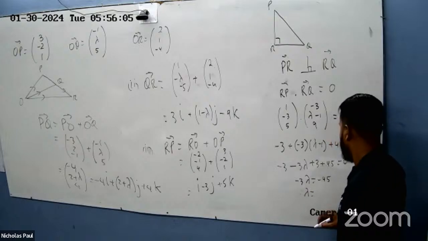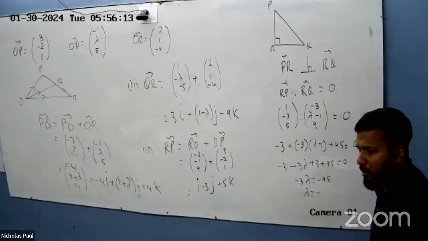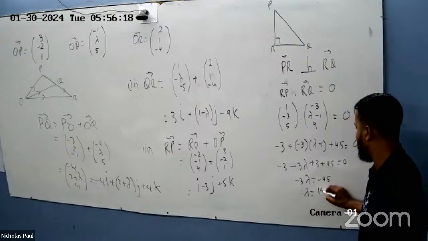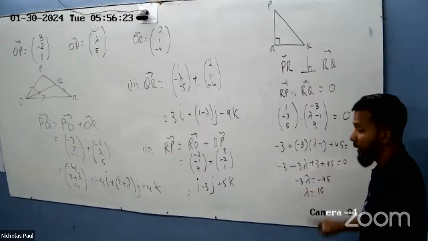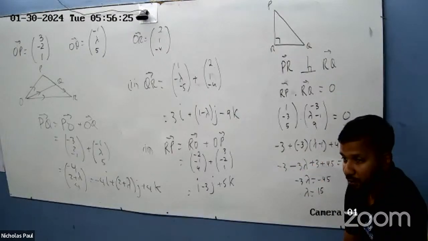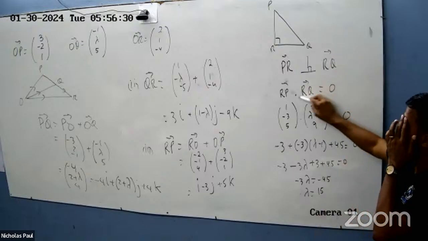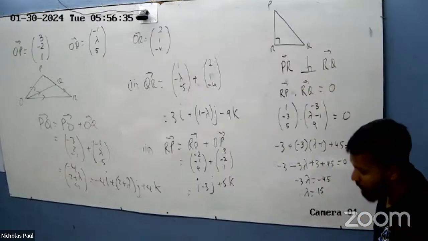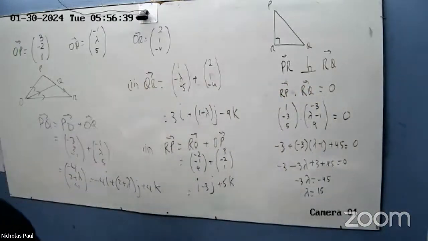No, -15. How much? Plus 15, right? This is minus, this is plus. Yeah, plus 15. Okay, so this was important so you know which one to multiply, right? All right, so this is a kind of full review of everything you would have done in Form 5.